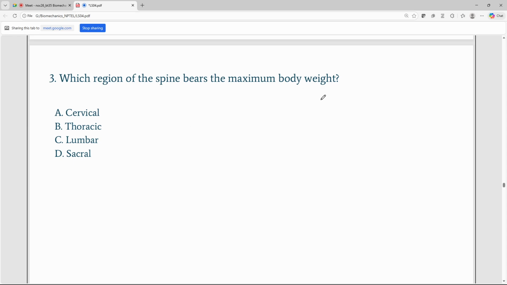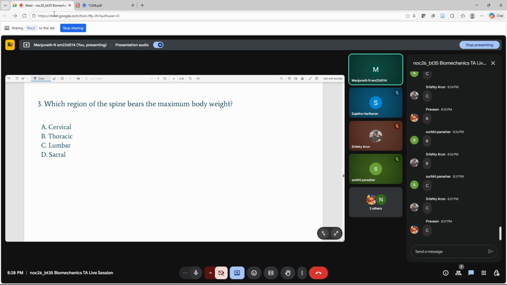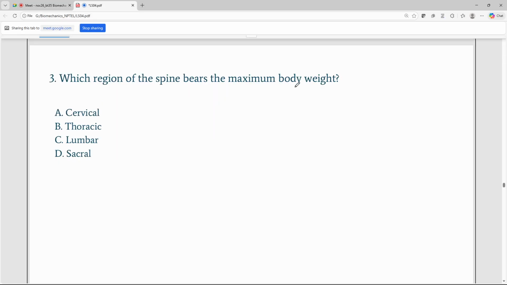Options are cervical, thoracic, lumbar and sacral. Yes, option C, that is lumbar.